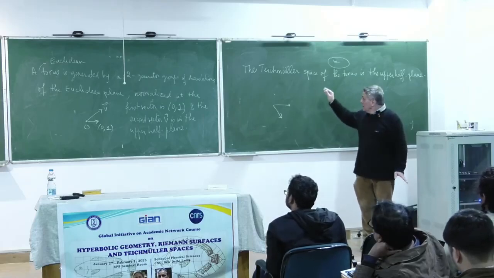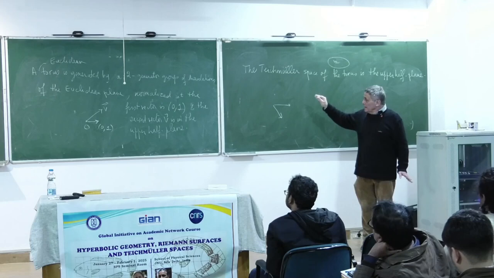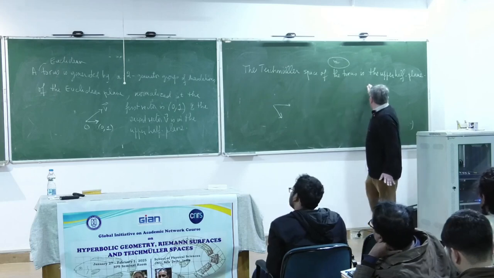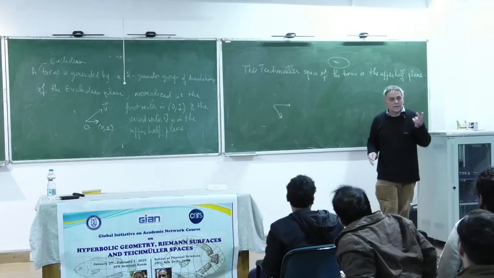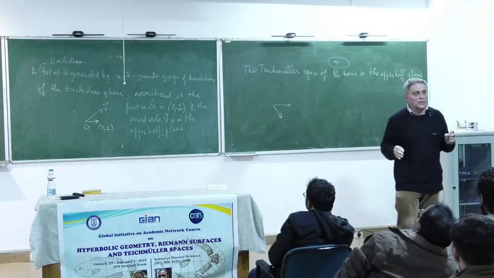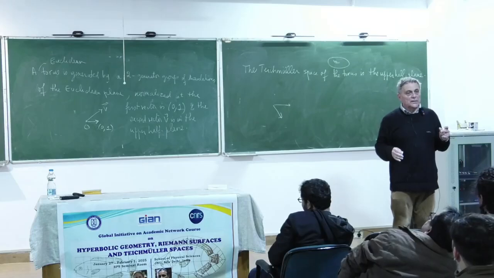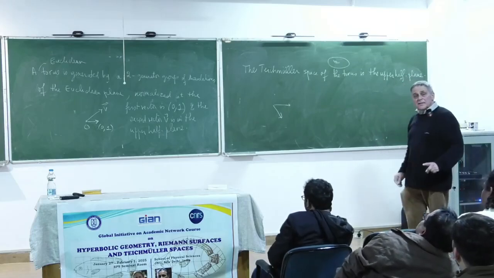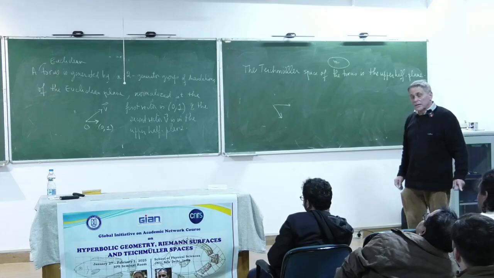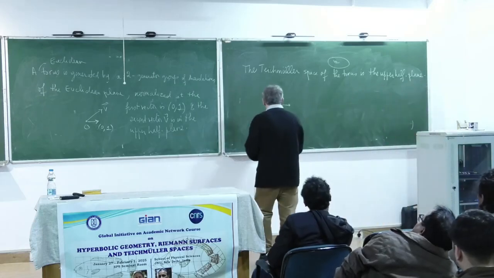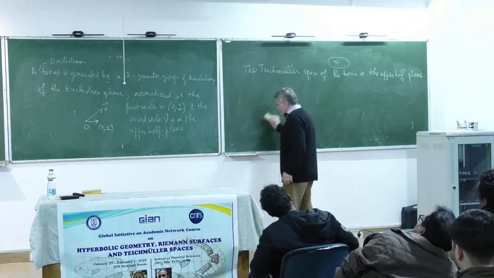There's no special thing about the upper half plane. It's a half plane, so it's two-dimensional. The Teichmüller space of the torus is two-dimensional. This is the important thing we know now, right? It's two-dimensional, but the fact that it's the upper half plane is important, in fact, for something which I didn't tell you.